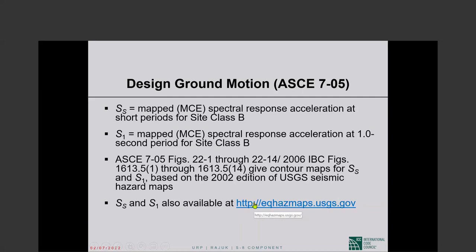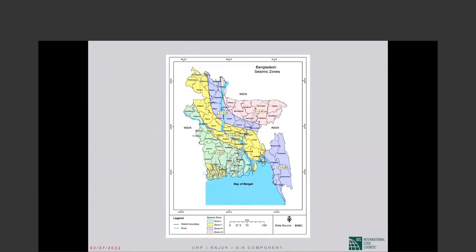We don't have to go to the USGS website. But anyway, for Bangladesh, you don't need the US values, so it's beside the point. But the point that I'm trying to make is S sub DS and S sub D1 are quantities derived from S sub S and S sub 1, which are the basic quantities.